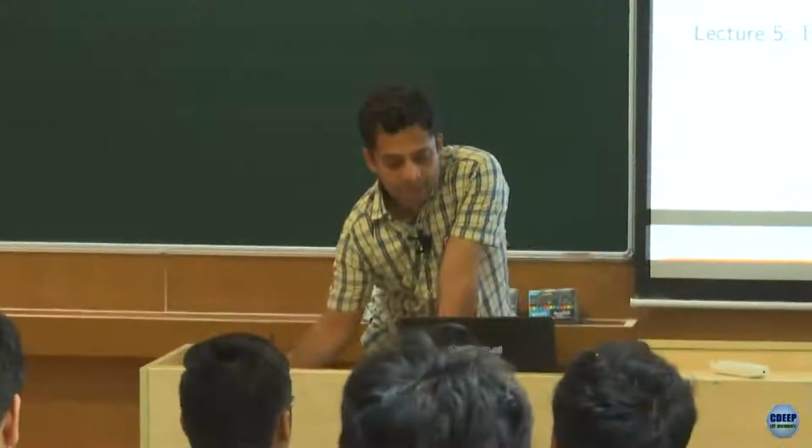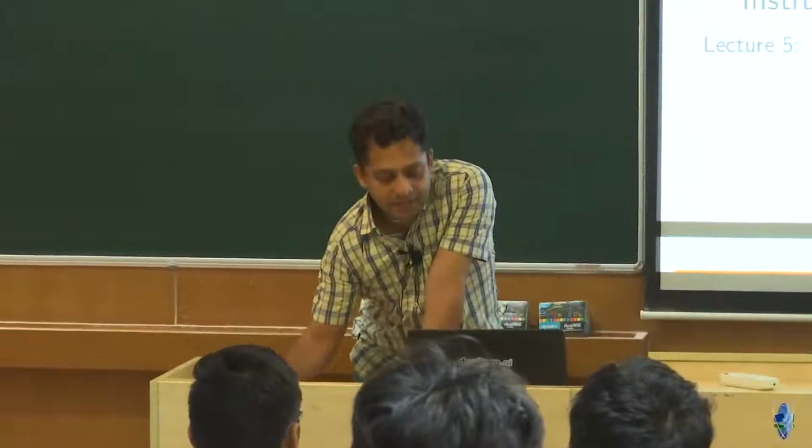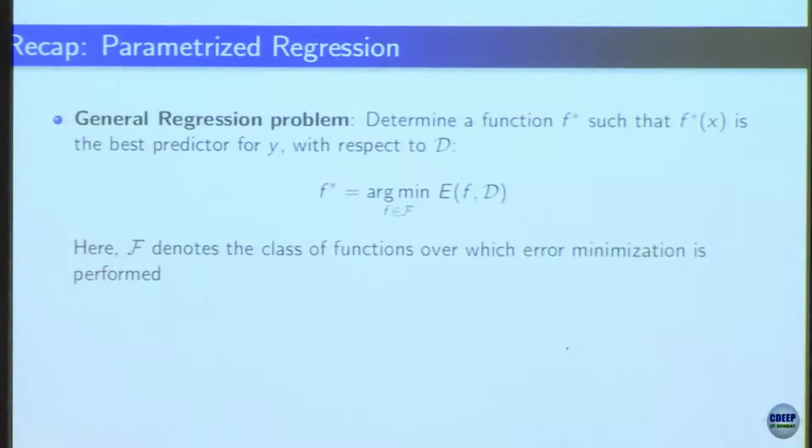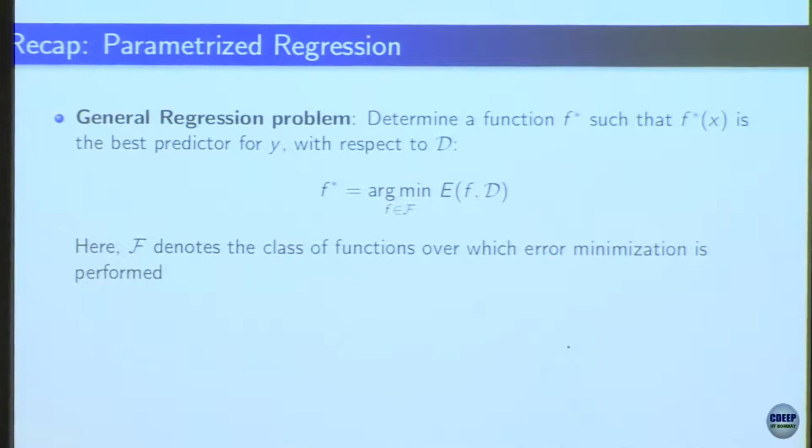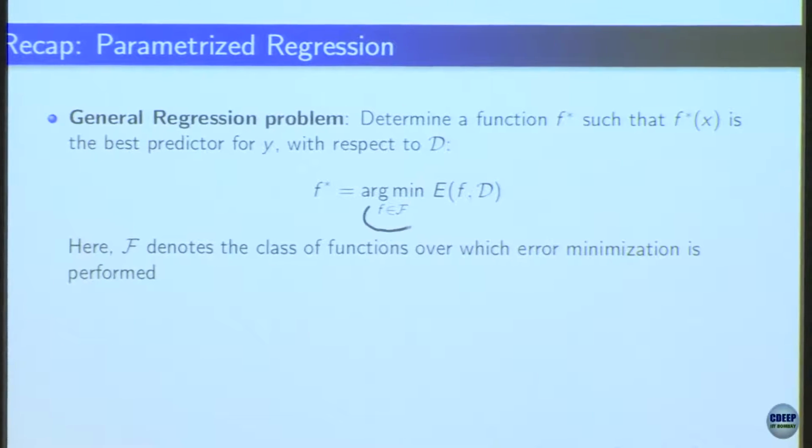We have seen where the linearity comes from. It is basically the linearity in the parameters W. The general regression problem, however, is that you want to find f star that minimizes some error function in some search space of functions.